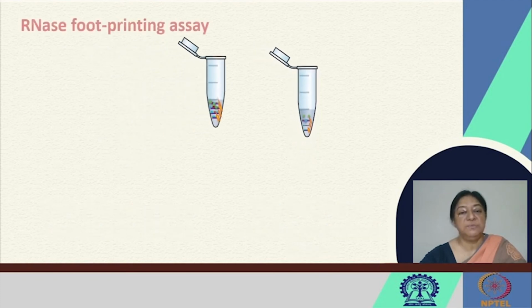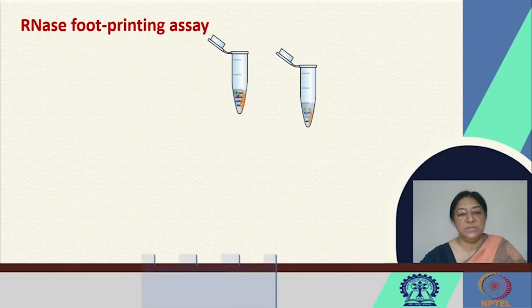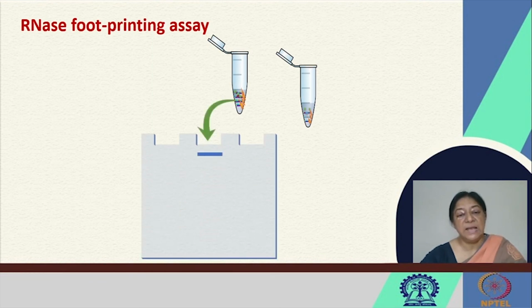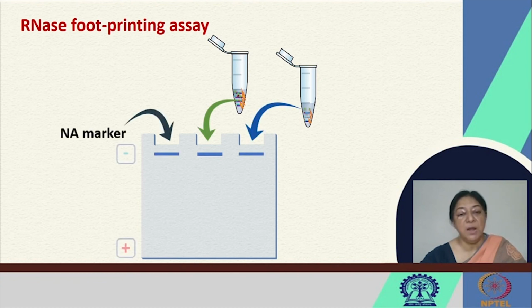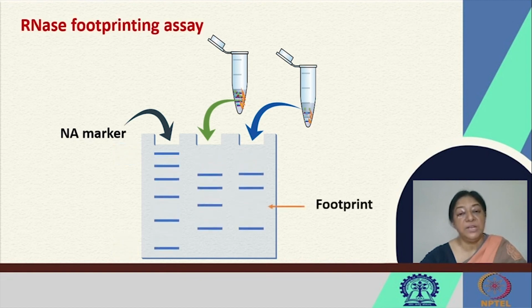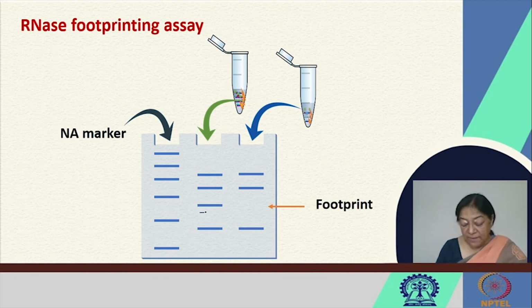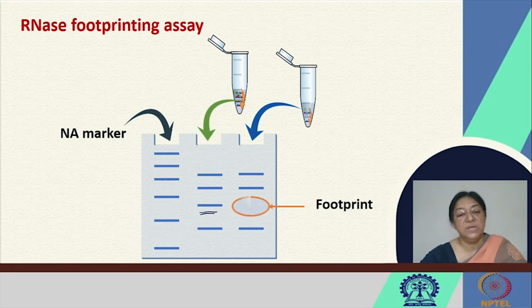This is then subjected to electrophoresis. What we will see in an electrophoretic assay is that when we run the gel in our experiment in the presence of some nucleic acid markers, we will see a distribution, a migration based on the specific size. However, at the region where we do not have this specific fragment, we will see an absence which is known as the footprint.